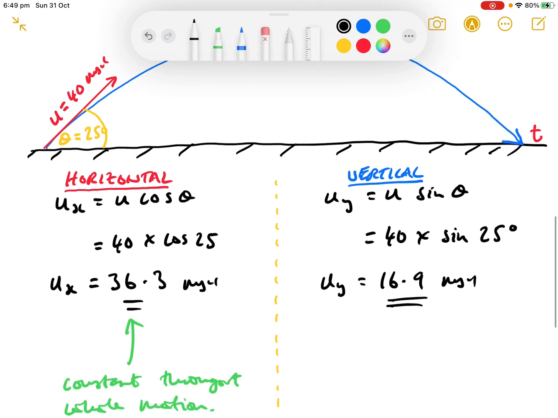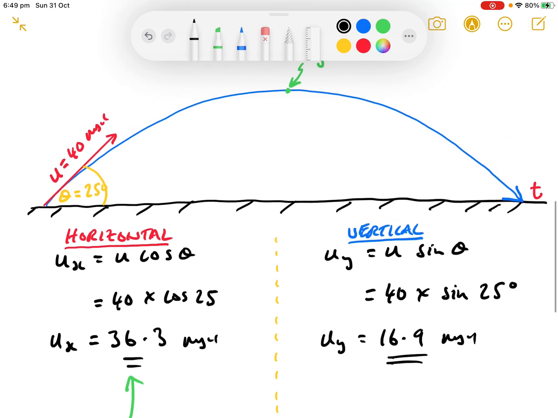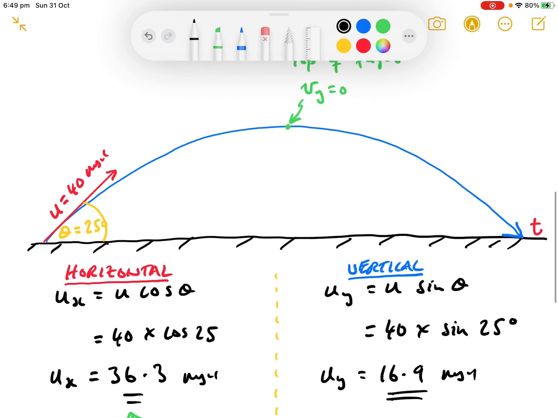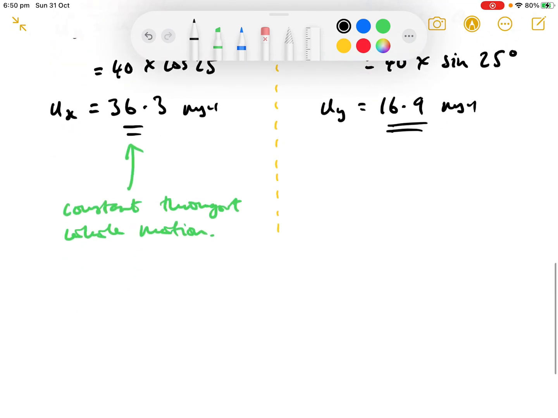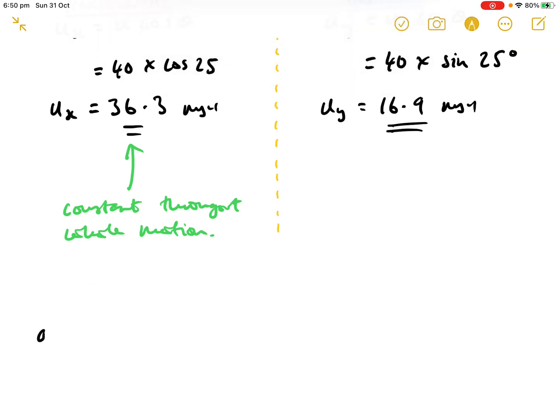Okay. So we've now got the horizontal velocity worked out, and we've got the initial vertical velocity worked out. So typically, what might you be asked to find? Right, well, let's try a few things.